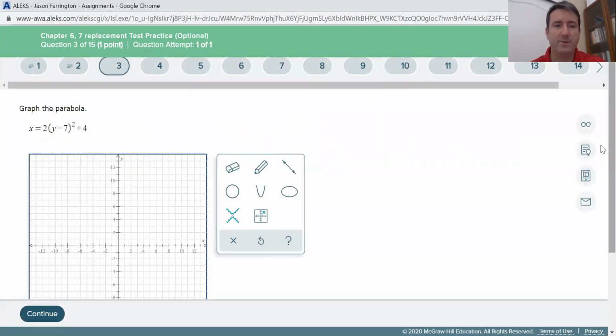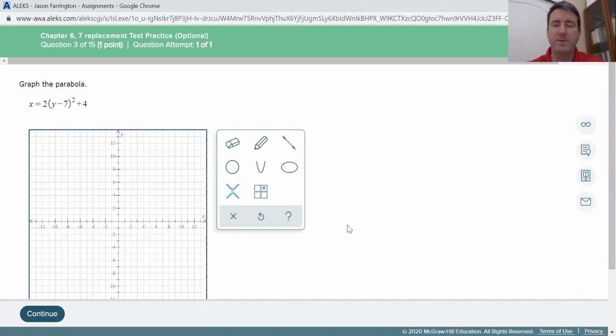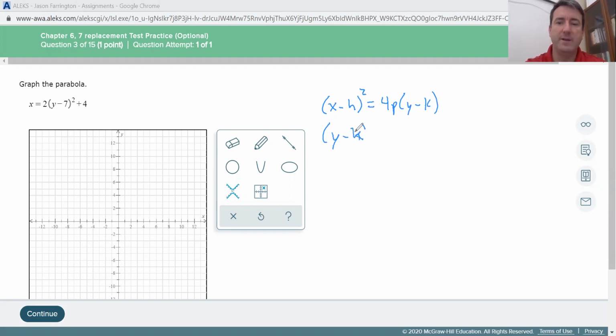All right, next, graph the parabola. So remember that our standard form for a parabola is either x minus h squared is equal to 4p times y minus k, or y minus k squared is equal to 4p times x minus h.